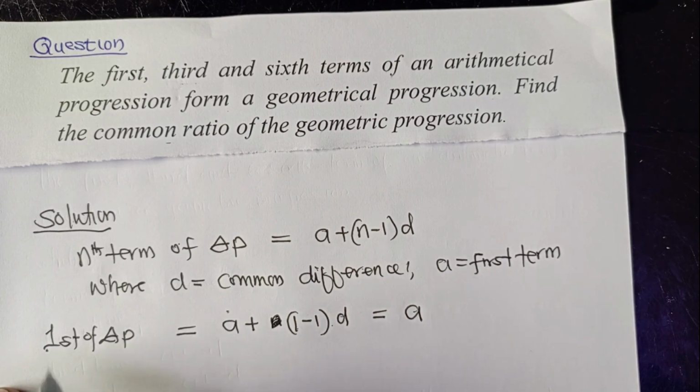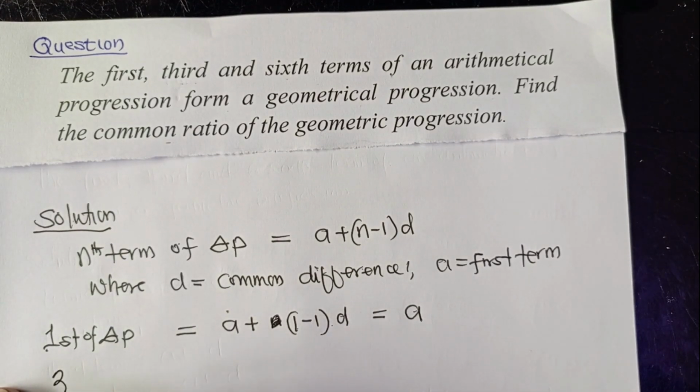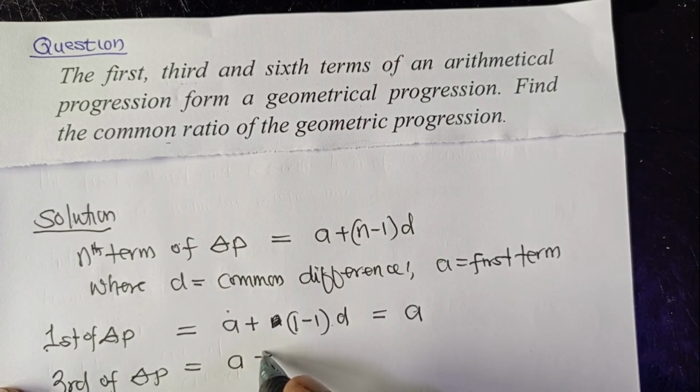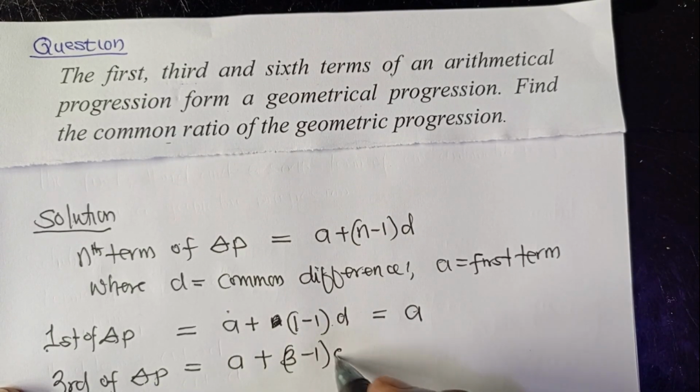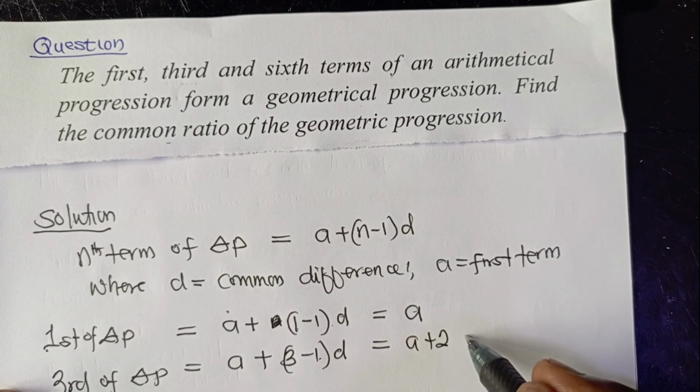Then we also have the third term of the AP. It will give us a plus 3 minus 1 d, which is a plus 2d.